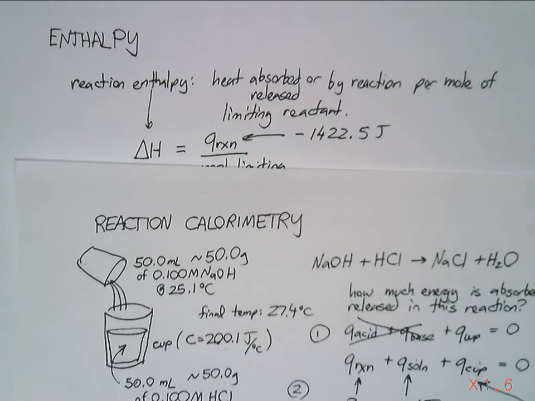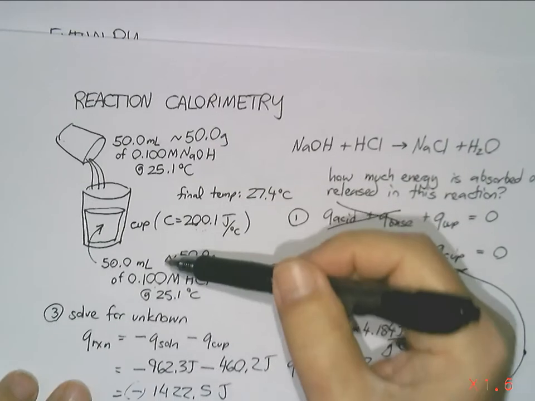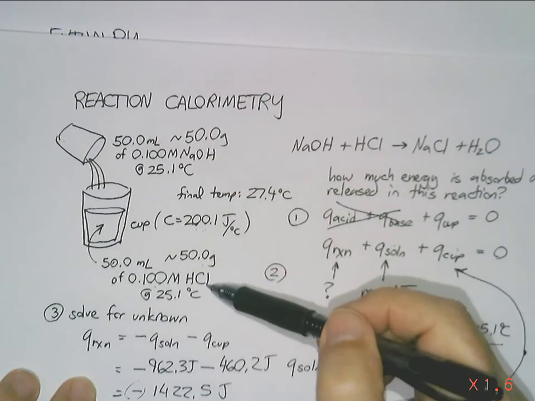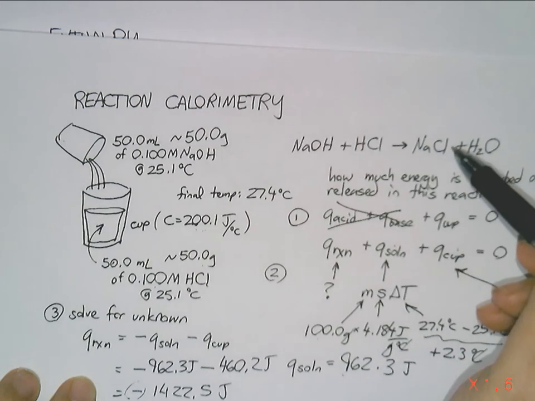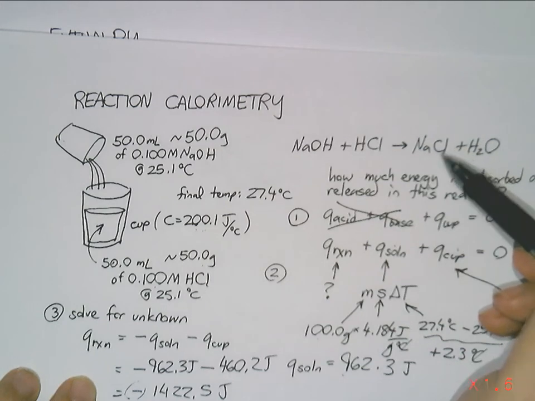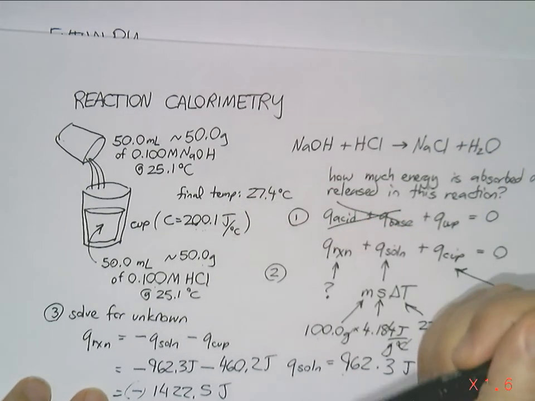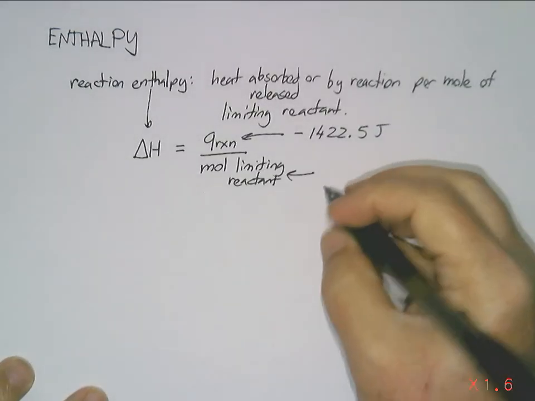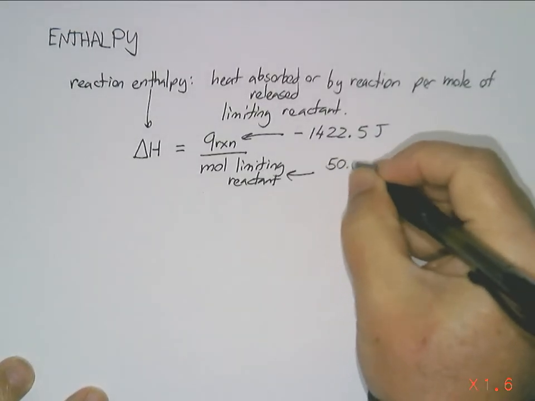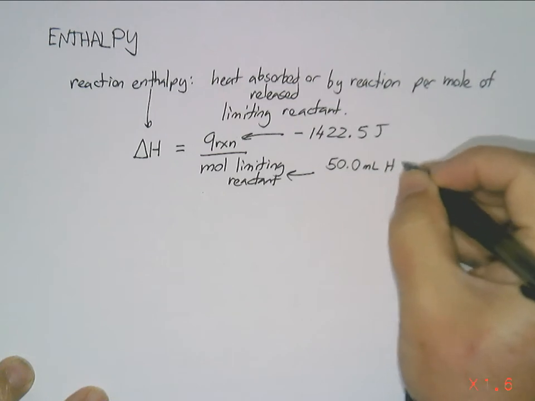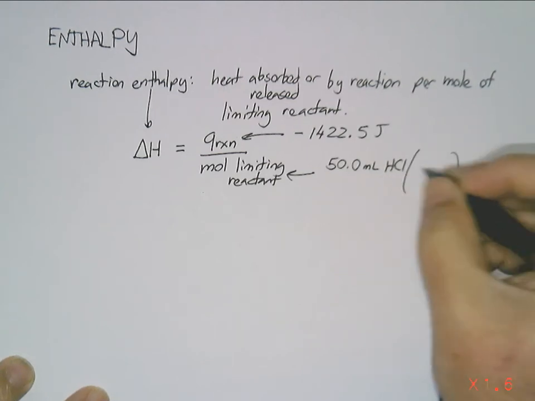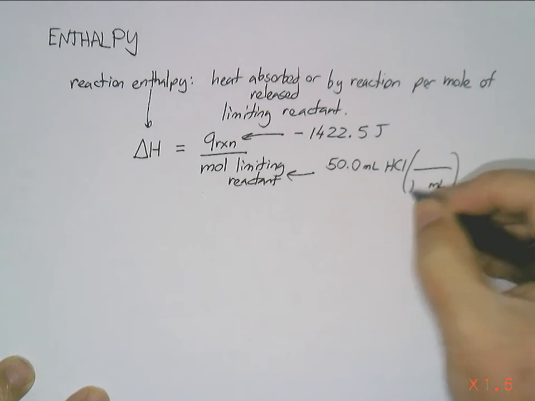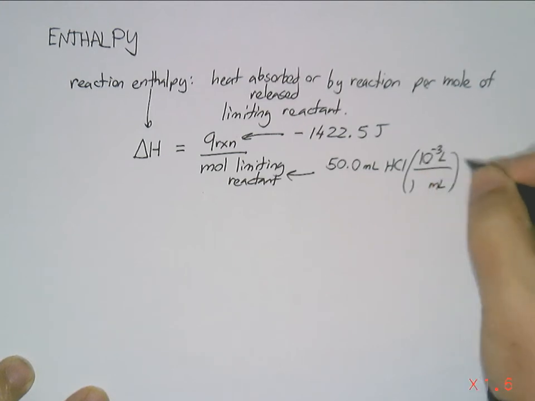Now it turns out to be pretty easy. We could figure out how many moles of this we had, how many moles of that we had, and turn them into a product and see which one was less. They're both going to be the same, actually, though. So we can take, let's say, the 50 milliliters of HCl solution, turn it into liters. 1 milliliter is 10 to the minus 3 liters.